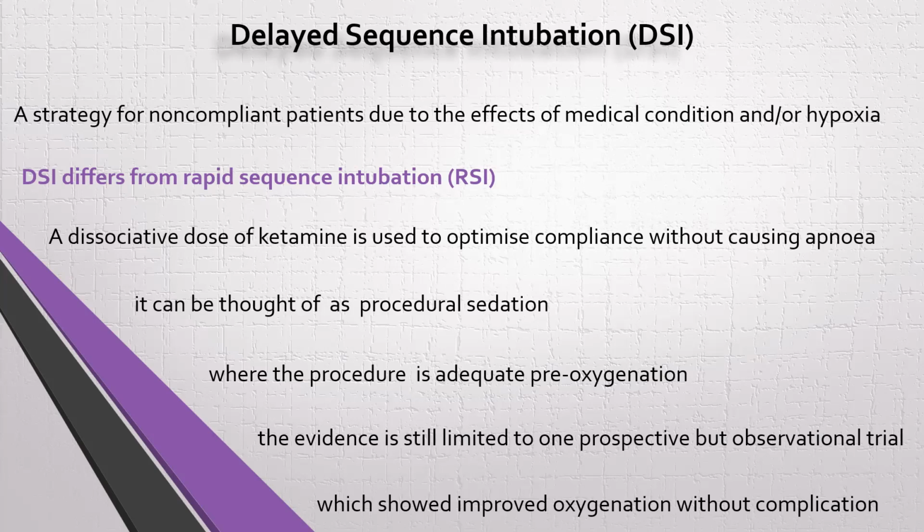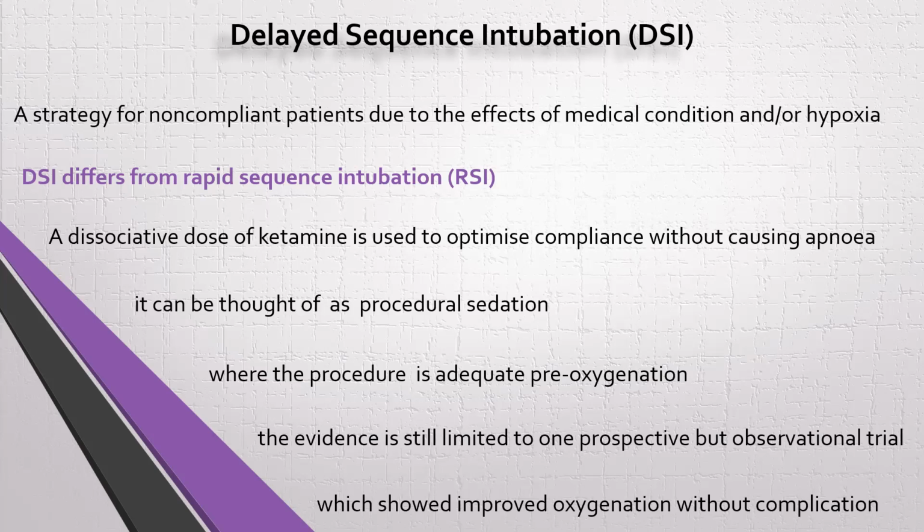Even if I want to improve hemodynamic instability by giving blood, fluid, or inotropic support in an agitated or uncooperative patient, I can use delayed sequence intubation by giving induction without neuromuscular blockade, then optimize my patient and pre-oxygenate my patient. It can be thought of as procedural sedation, but actually it's not procedural sedation. This procedure is adequate pre-oxygenation and pre-intubation optimization, as I mentioned.